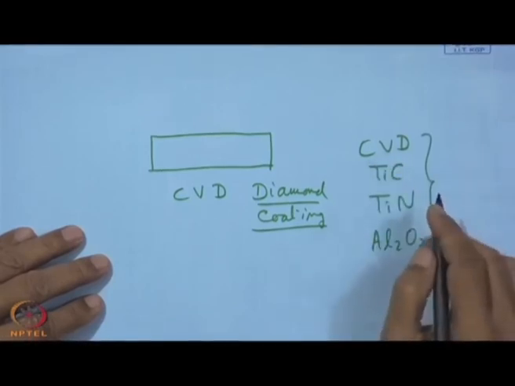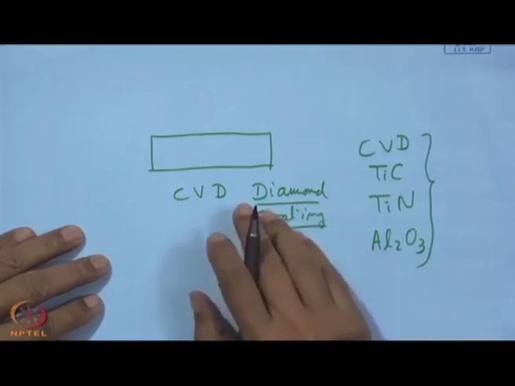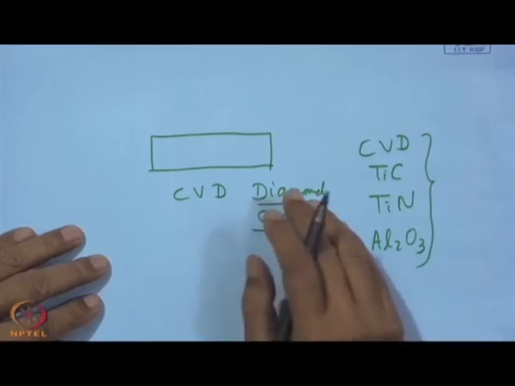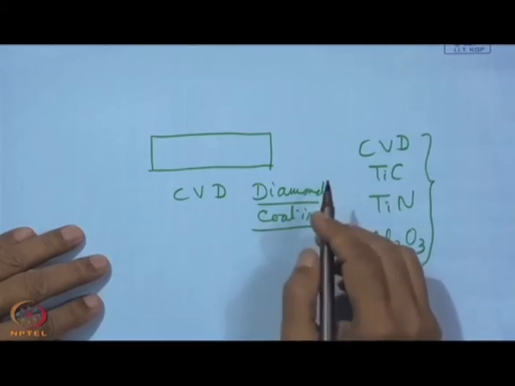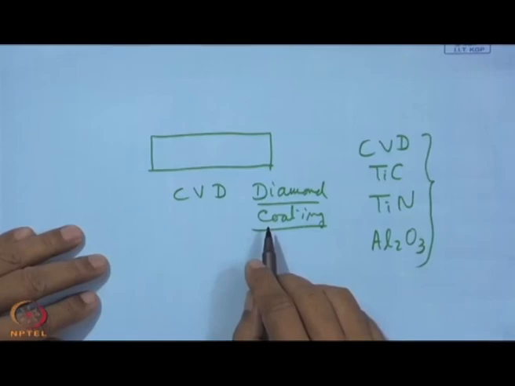These are rather smooth, but in diamond coating one can clearly visualize the crystals, and this gives a roughness.